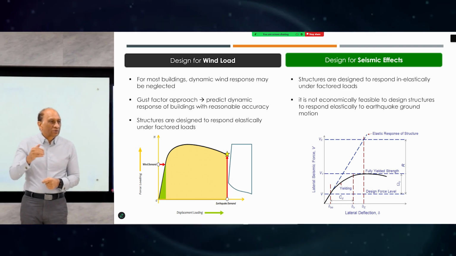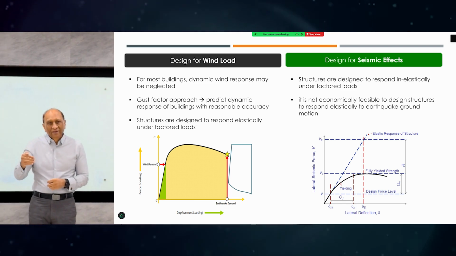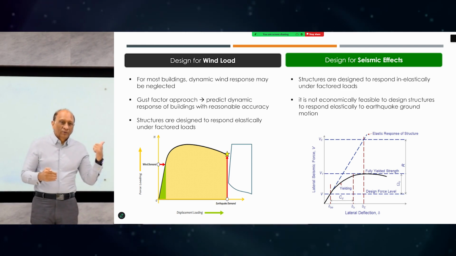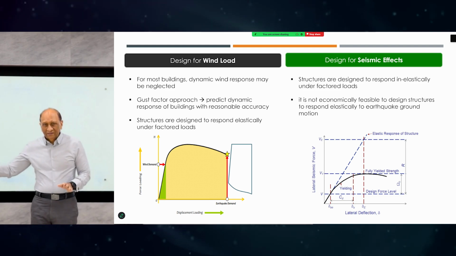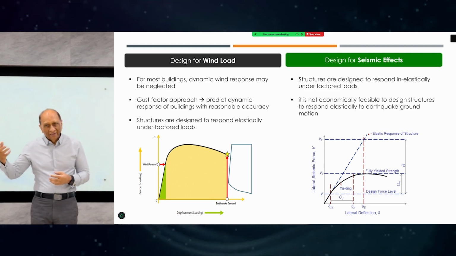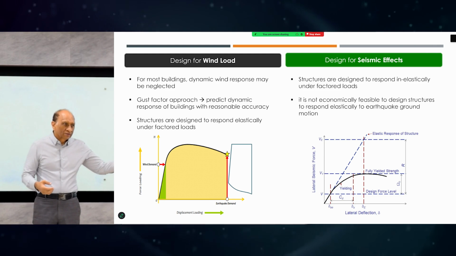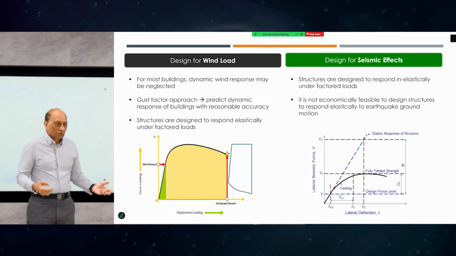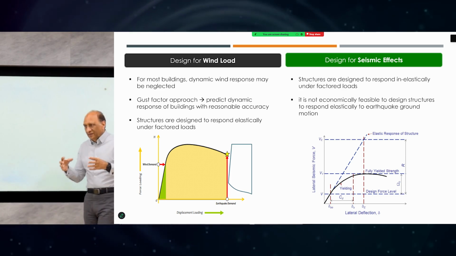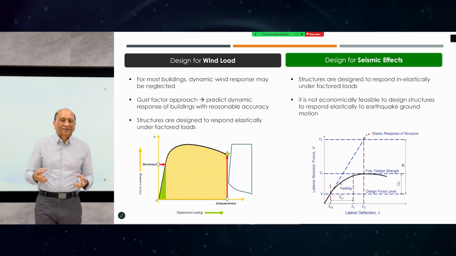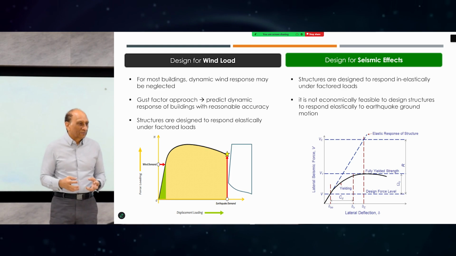The challenge is to design the building for earthquake with reduced force and design the building for wind with the real force, keeping that elastic, keeping that inelastic. This is based on ductility and displacement. This is based on force and resistance. Okay? So the two are not only opposite in the way they're generated, but they're also opposite in the way they are resisted and how the structural system is developed.